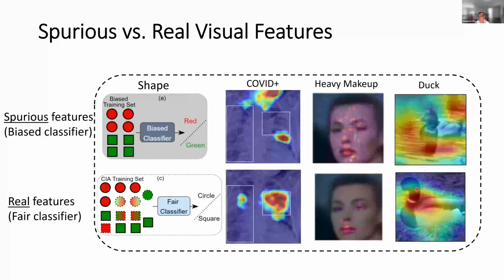The real feature will be the dog. Those are some examples. The technique we have used here is explanation techniques. We can try to find what part of the features the model has used to tell whether this is the dog or not, the COVID or not, this lung disease or not.